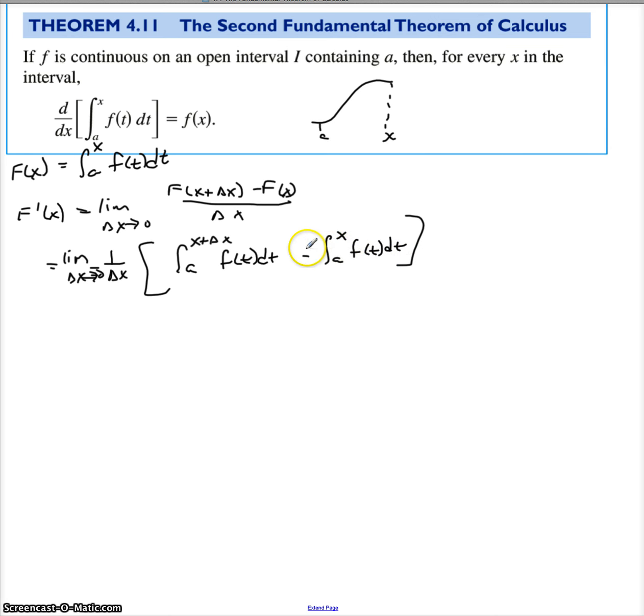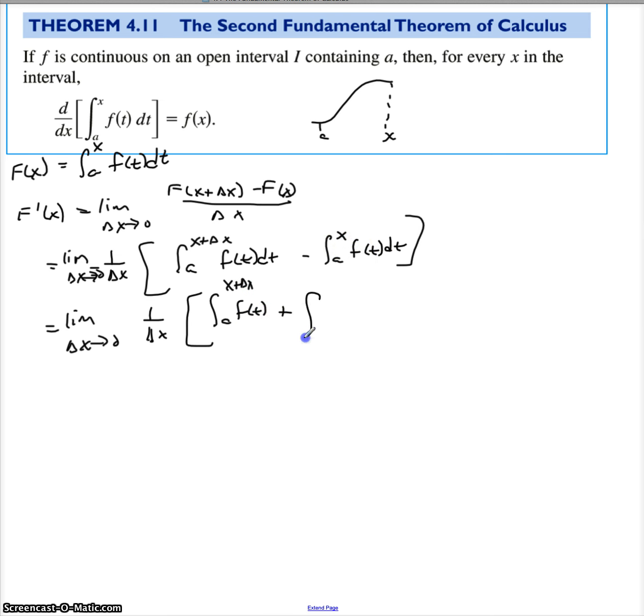Now I don't like this negative sign here, so let me get rid of it. So this is the limit as delta x approaches 0 of 1 over delta x times the integral from a to x plus delta x of f of t dt. Now how do I switch this? I just switch the limits of integration.